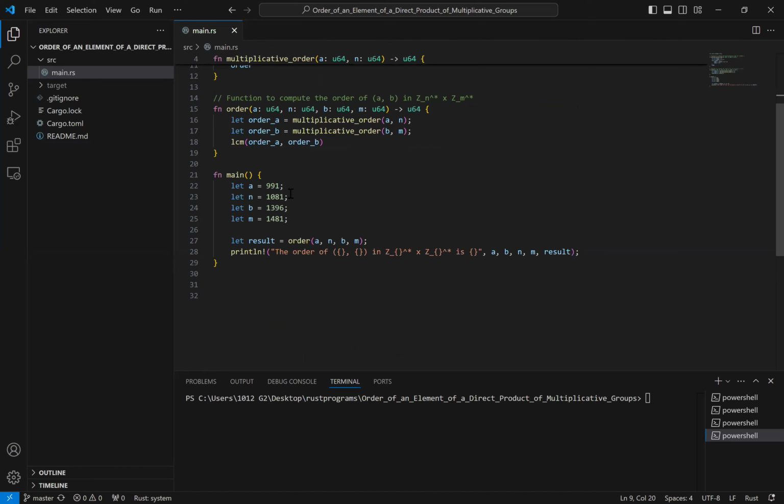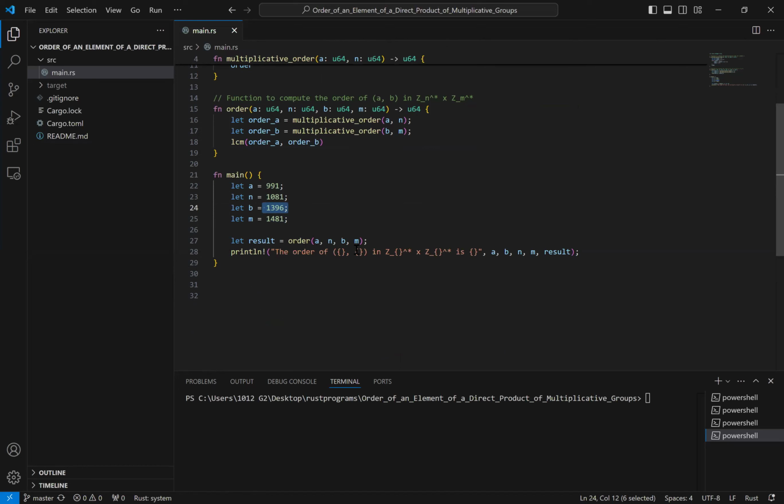Now, I have 1081, the first group mod 1081, the second group mod 1481. And this is the second element B in the second group.